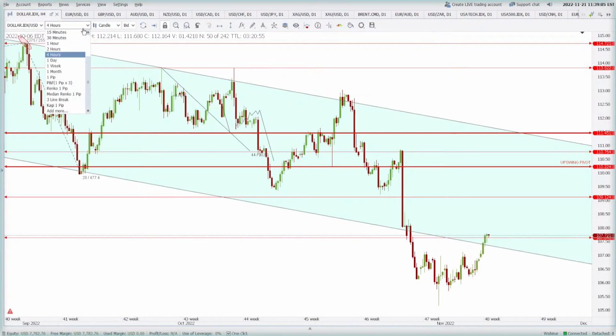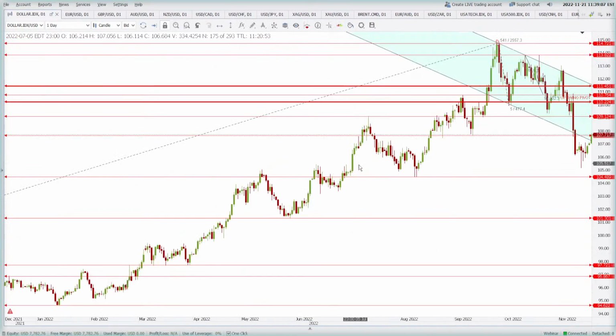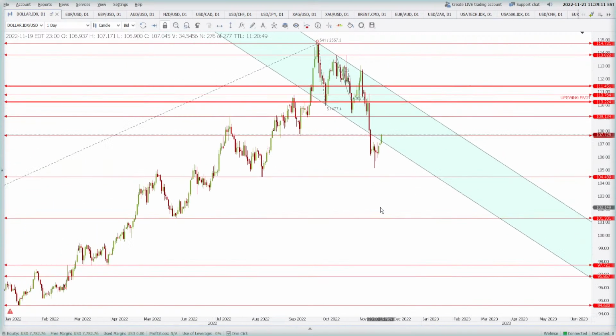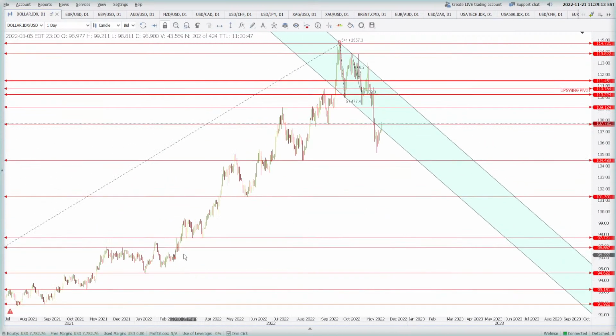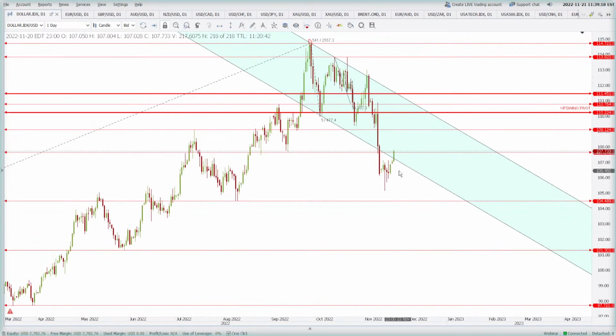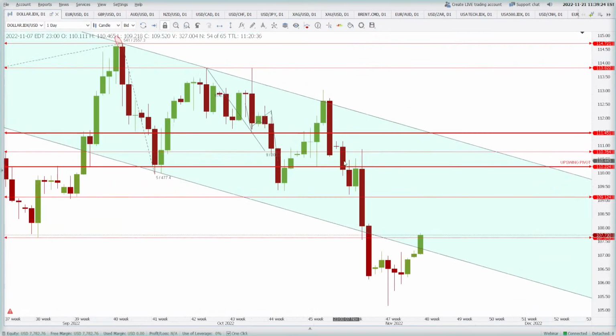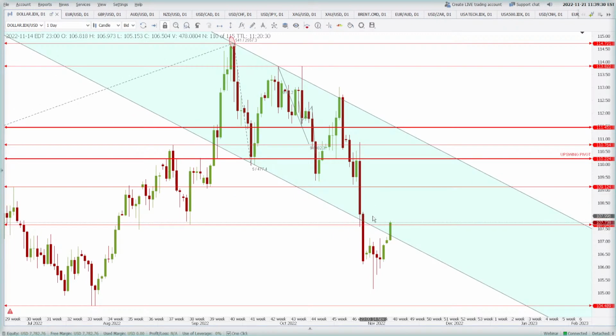Anyways, from the daily chart, what we can conclude is that the US dollar index is in a downtrend now. I'm not trying to make any trend line here, okay, because I want to work with the horizontal levels now. After breaking this level here, the price has tested this level 2 times. So we cannot say that it has not tested this level.